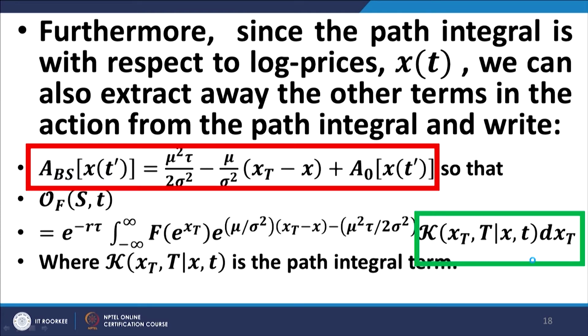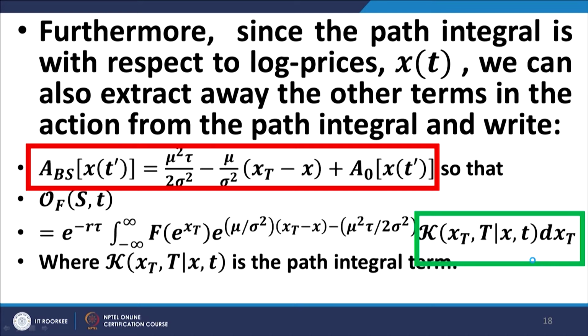The log price is x_t. The path integral that we are interested in is with respect to the log prices x(t), and therefore we can take out of the action and outside the path integral all the other terms which do not involve x(t). In other words, we can split the path integral into two parts.